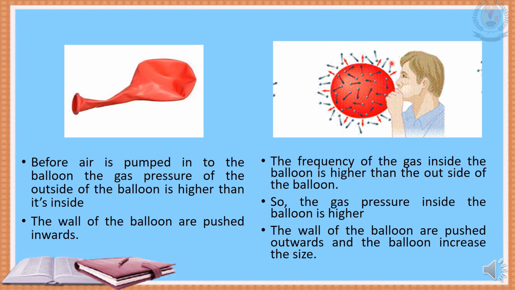There is a gas pressure from outside on the wall of the balloon, but it is not enough to stop the gas pressure which is inside. As a result, the balloon is pushed outward and it is inflating and increasing in size.